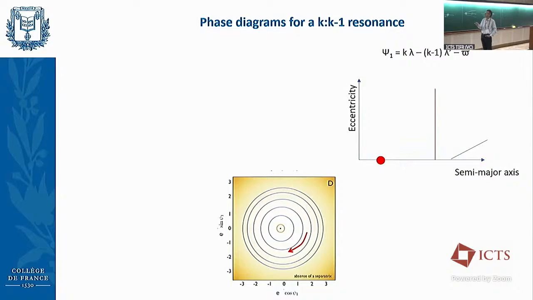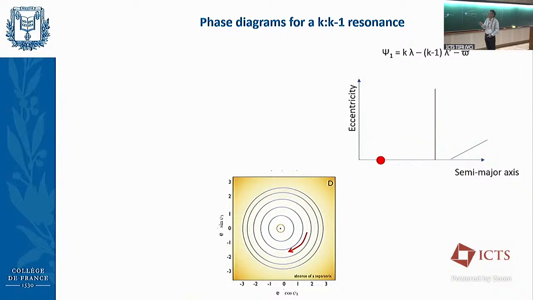So the lambdas are the mean longitudes of the planets, the angle that gives the orbital motion of the planets around the sun. And here we are in a k over k minus 1 resonance. That means that when the inner planet makes k revolutions, the outer planet makes k minus 1 revolutions.